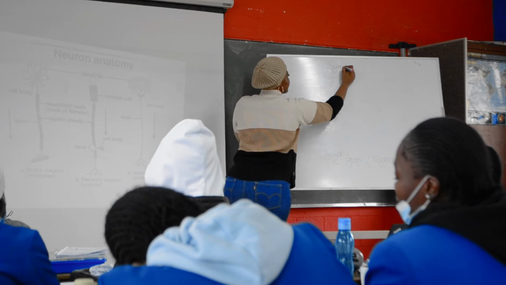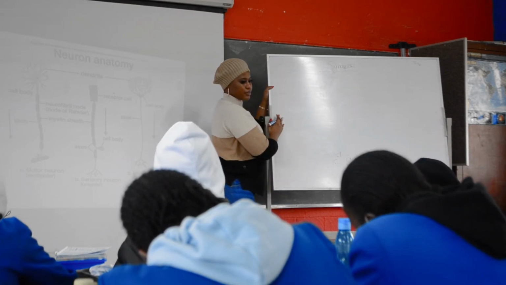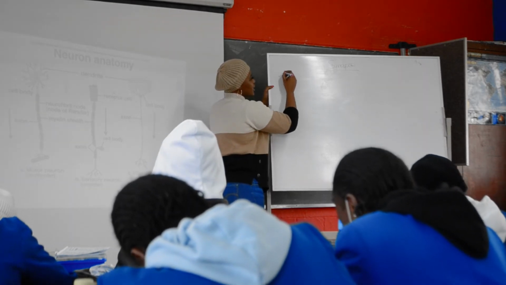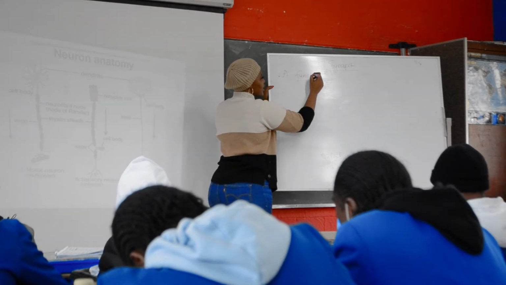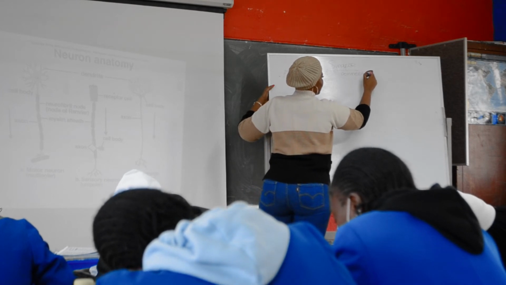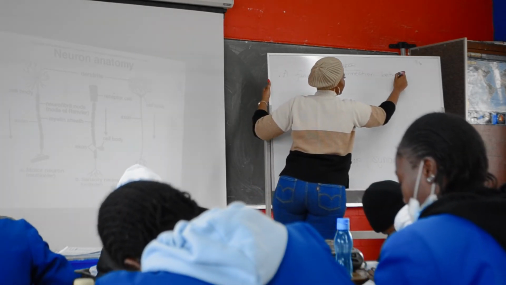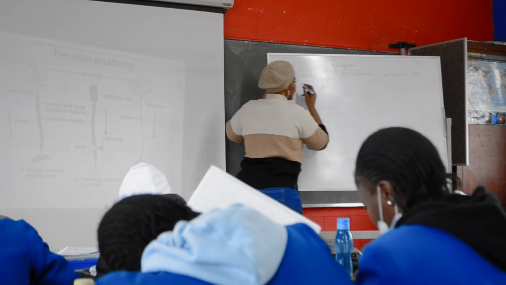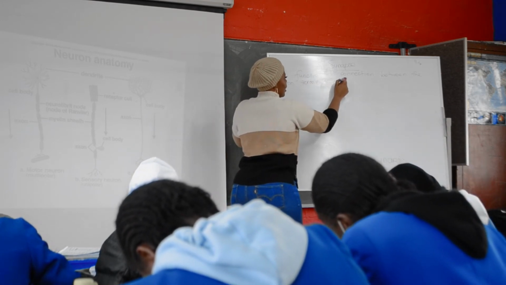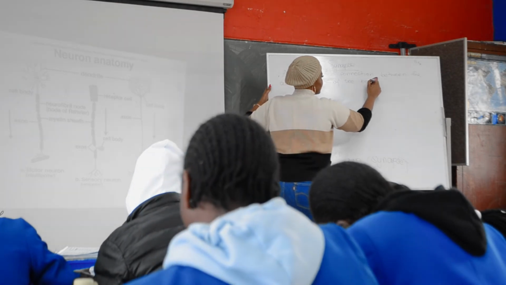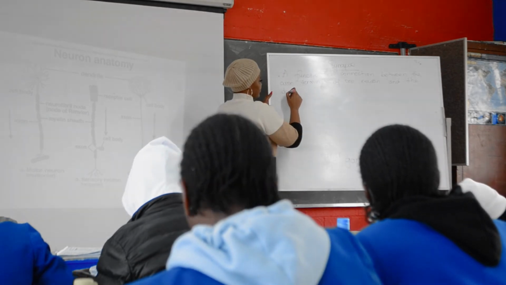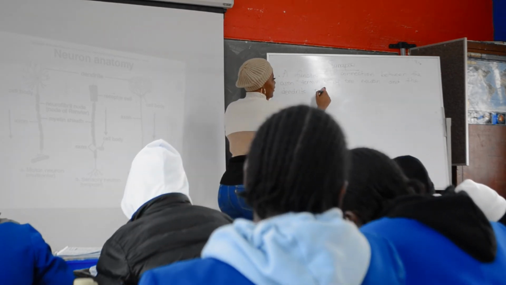Synapse. A synapse is a functional connection between the axon terminal of one neuron and the dendrites of another neuron.